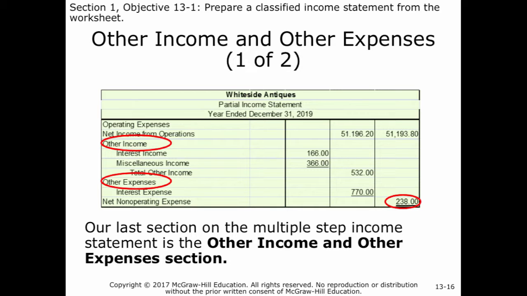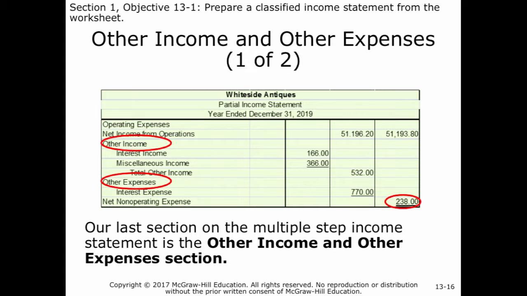Income that is earned from sources unrelated to the normal business activity is classified as other income, and that would appear in the other income section. Expenses which are incurred but not directly connected with business operations usually appear in the other expense sections, and usually that would include interest expense.